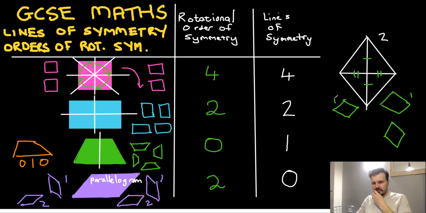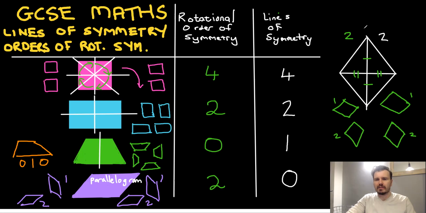So these are the same. And then if I rotate it, it goes back to the beginning. So we've got 2, these 2 are the same, and those 2 are the same. So 2 rotational orders of symmetry and 2 lines of symmetry. Okay, so that probably clears that up. Any shapes that you're not sure of?